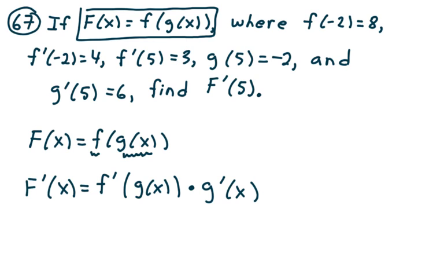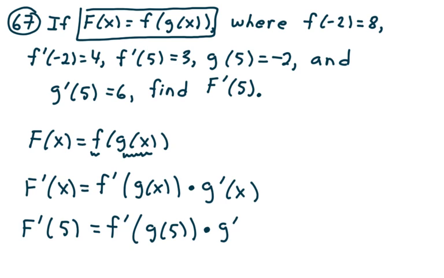Chain rule. Now, replace x with 5. So capital F prime of 5 is f prime of g of 5 times g prime of 5.